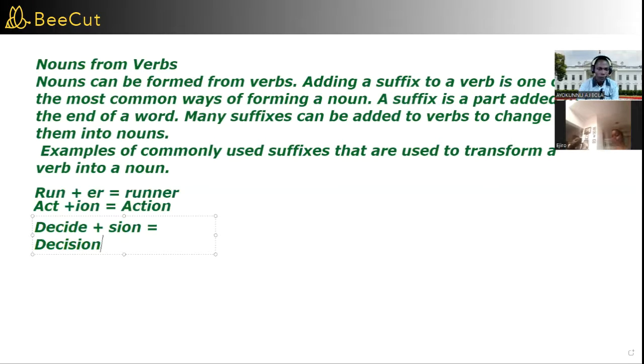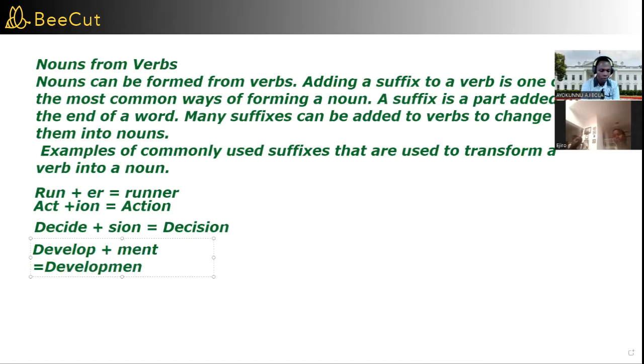So that is how to form nouns from verbs. Develop, when you add MENT to develop, becomes development. So develop plus MENT gives us development.